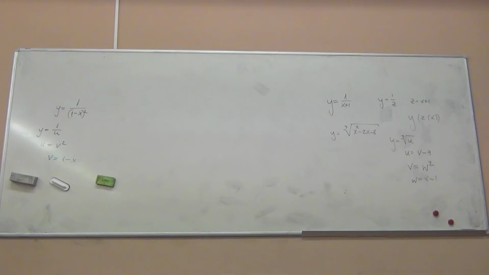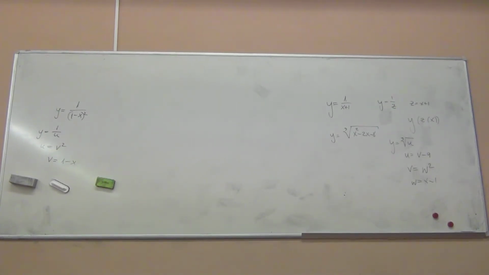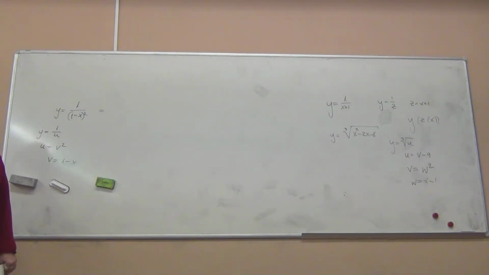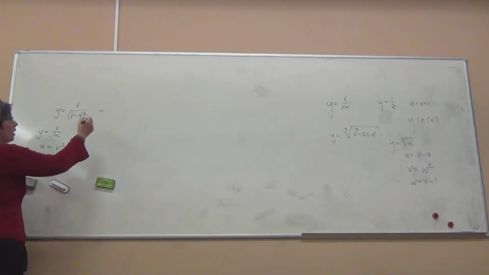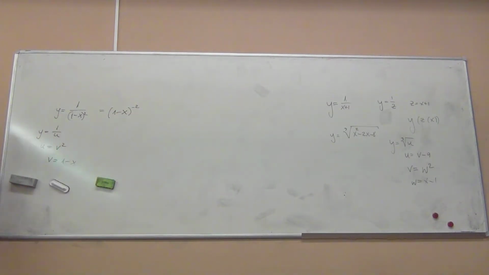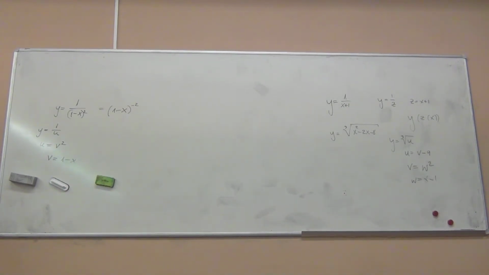Now basically, we could also say, I'm reminding you of negative exponents, that this is 1 minus x to the power of minus 2, having a negative exponent. And that would certainly be good for a simpler split.